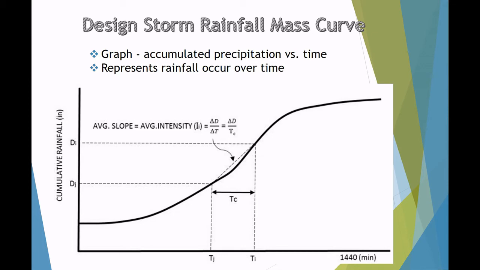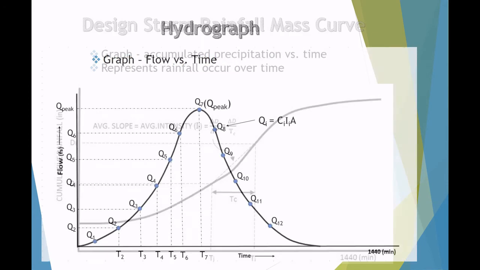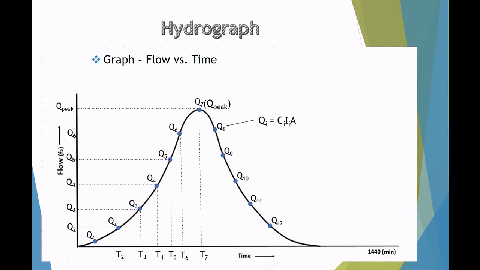With the different rainfall intensities I determined from this curve, we can find the corresponding developed runoff coefficient CD. With the different rainfall intensities I and runoff coefficients CD, we can now generate the different surface flow rates Q at every ordinate of this hydrograph. A hydrograph is a graph of flow versus time.